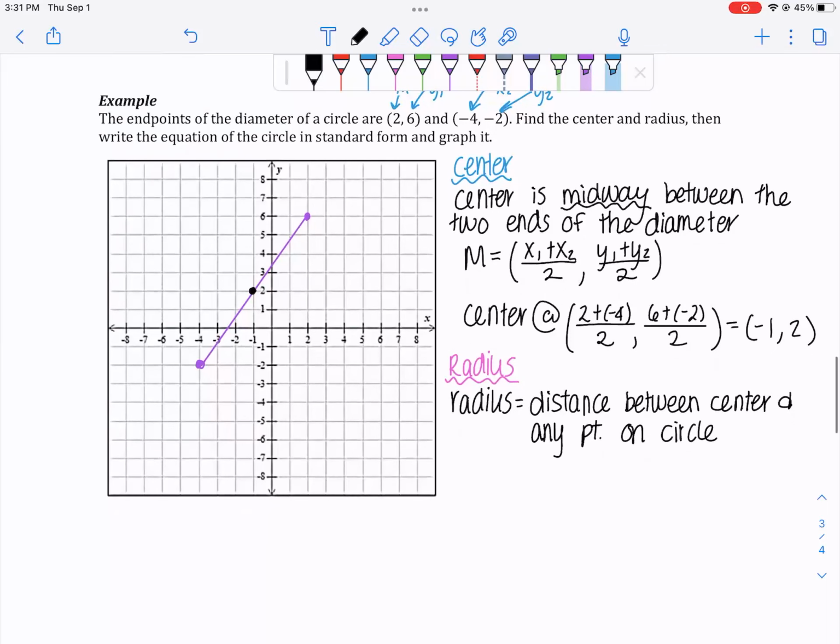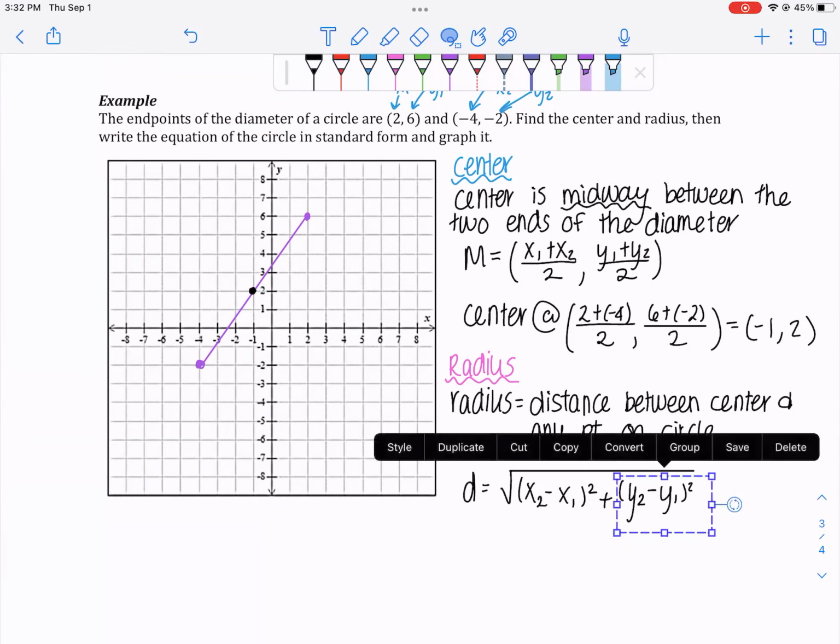So we can use the distance formula here. The distance formula is the square root of (x2 minus x1) squared plus (y2 minus y1) squared. And if you want more information on this, you can re-watch the video on the distance formula.